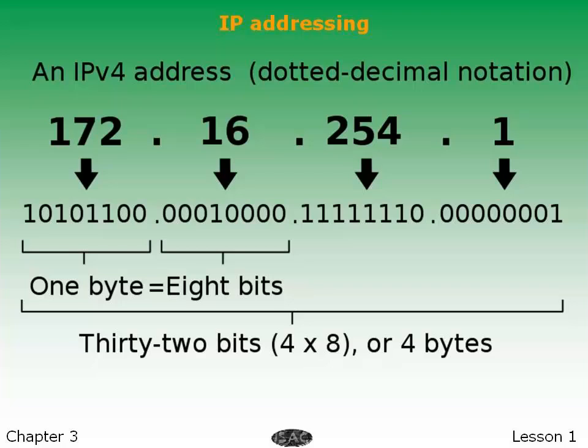In the early stages of development of the Internet Protocol, network administrators interpreted an IP address in 2 parts: a network number portion and a host number portion.